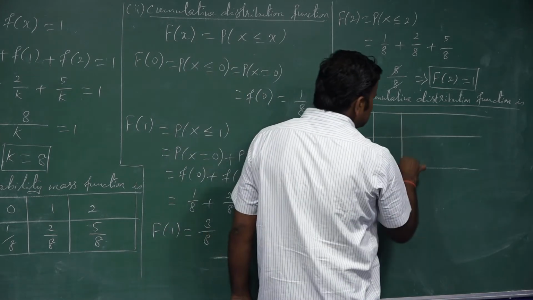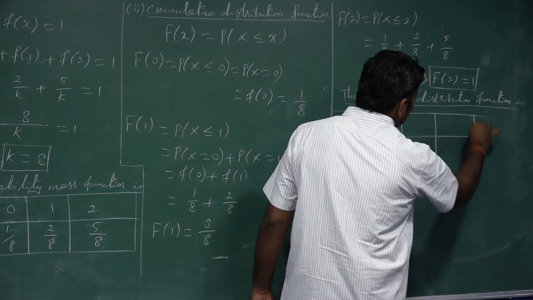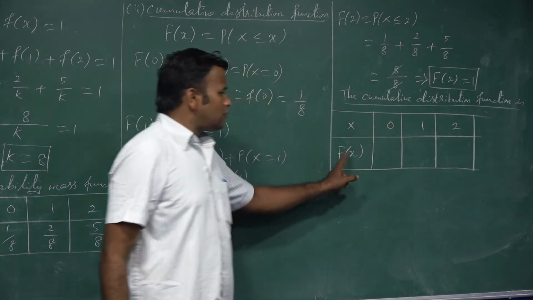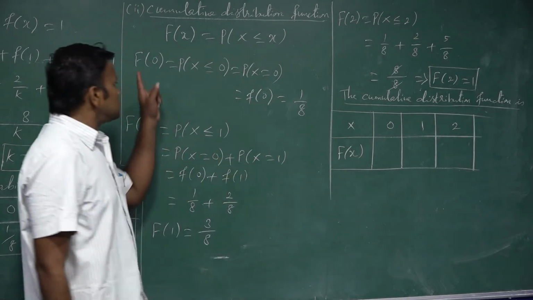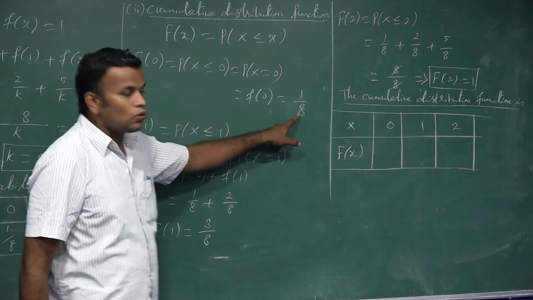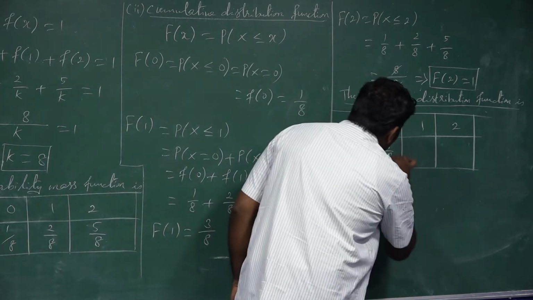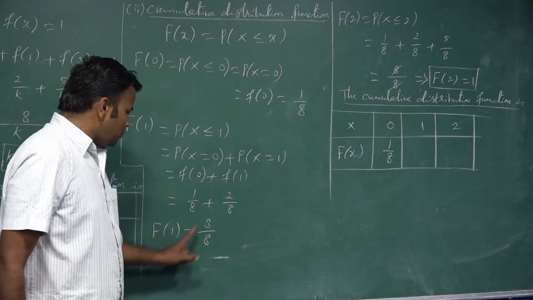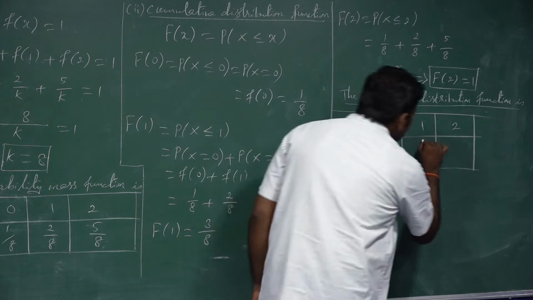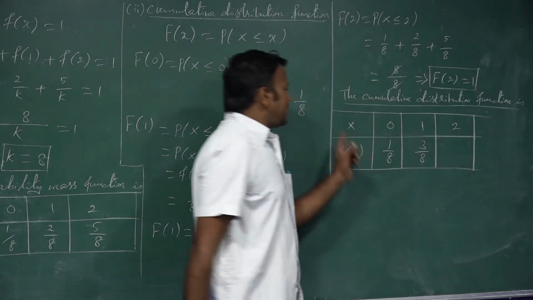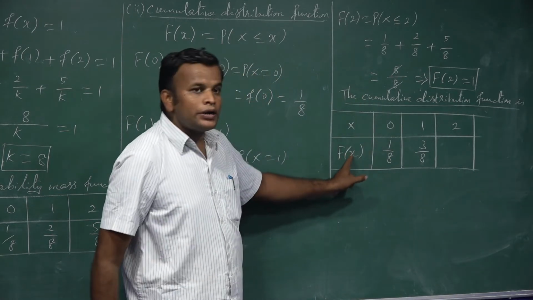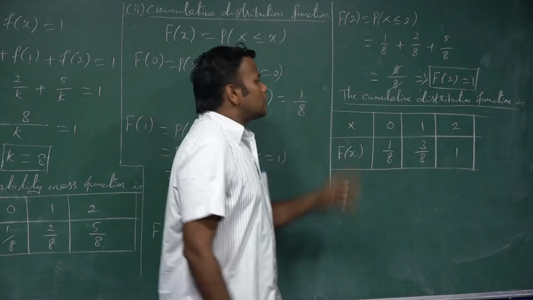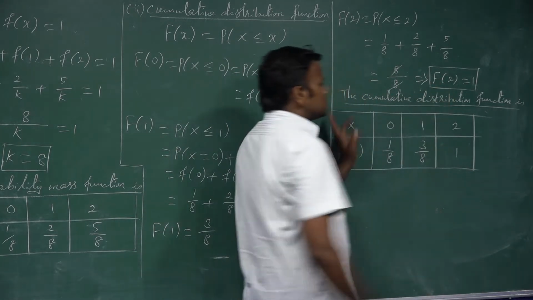X can take the values 0, 1 and 2. When x is 0, capital F of 0 value is 1 by 8. When x is equal to 1, capital F of 1 value is 3 by 8. When x is equal to 2, capital F of 2 value is 1. So we found the cumulative distribution function also.